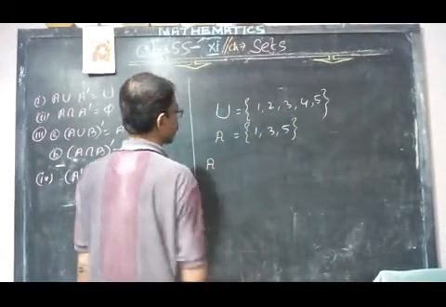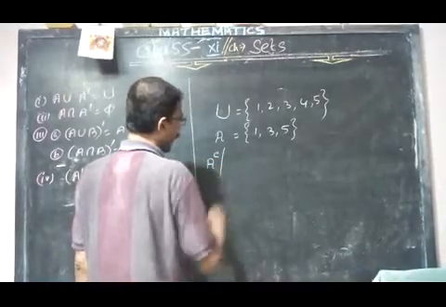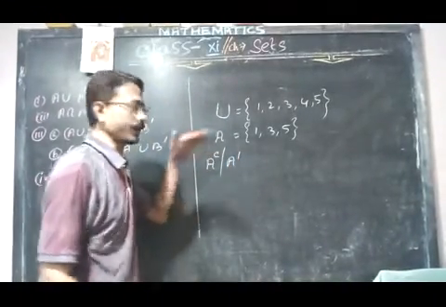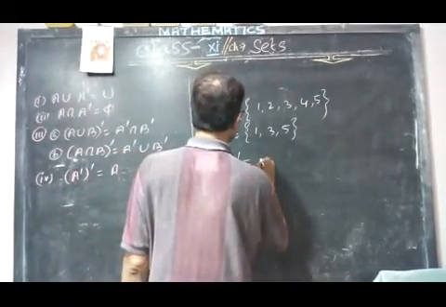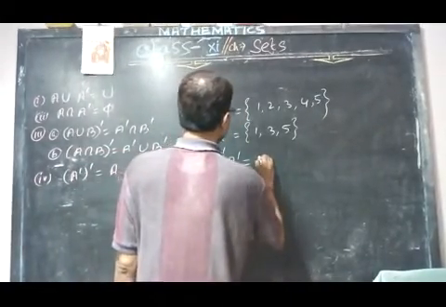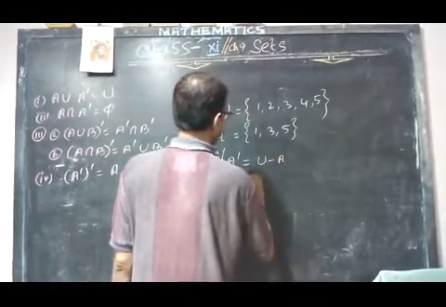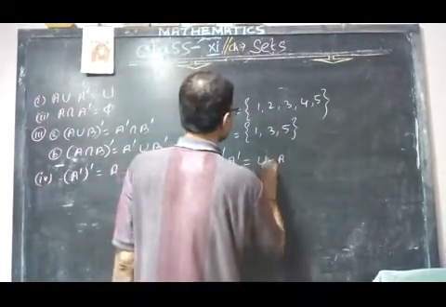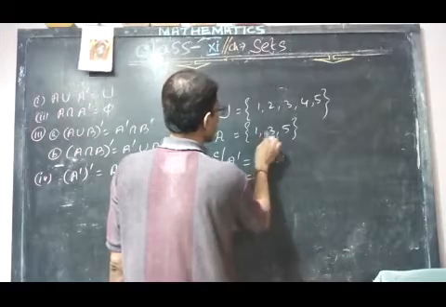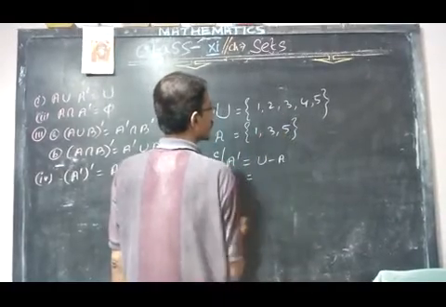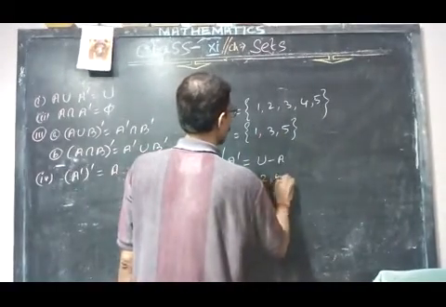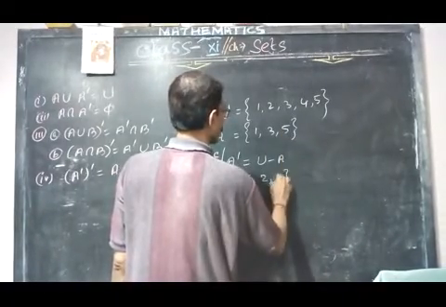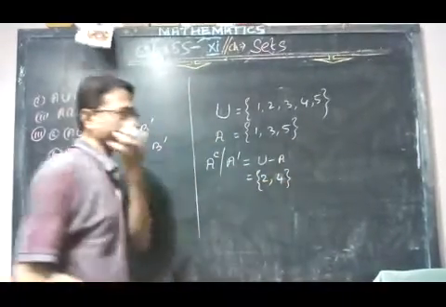So A complement, which is denoted by A^c or A dash and read as A complement, equals U minus A. The terms of A vanish from the universal set, so 2, 4 is the A complement.